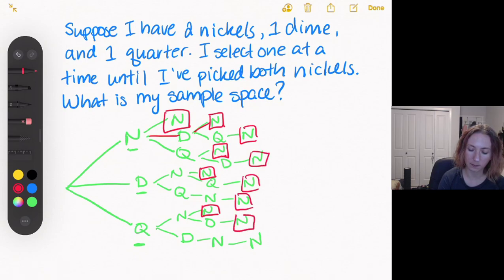So we get our sample space by looking down these branches.